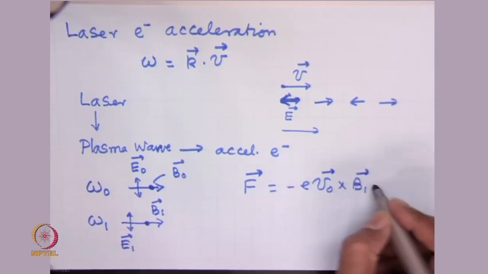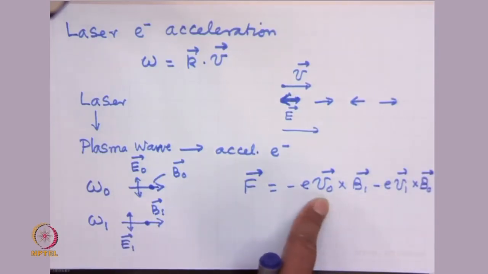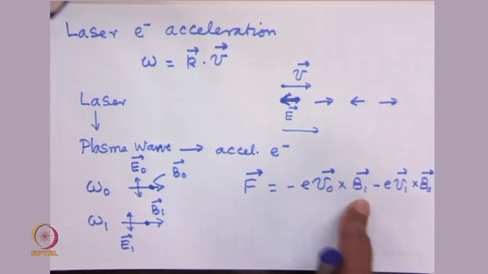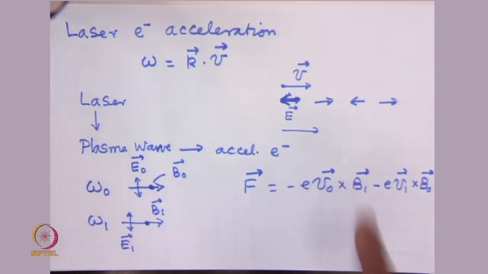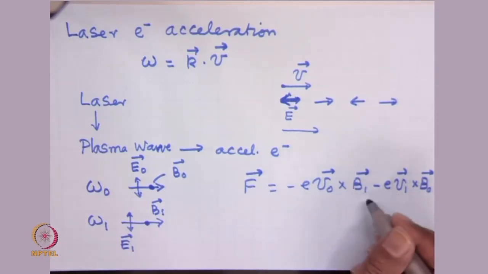and minus e V1 cross B0, and recognize that the real part of V0 is to be multiplied with the real part of B1. Whenever you are multiplying complex quantities in this fashion, the real part of the complex quantity is the actual velocity. The real part of this complex B1 is the actual magnetic field.